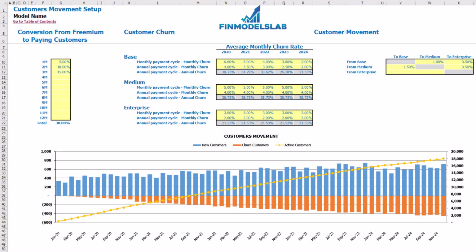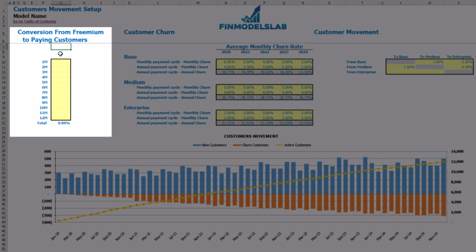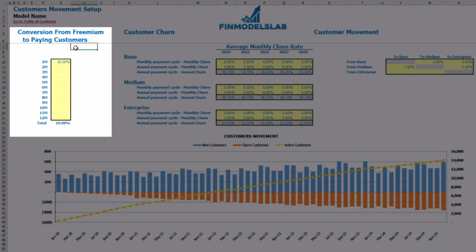On the Customers Movement tab, you can set up the conversion rates from freemium to paying customers, customer churn, and customer movement rates. So let's start with the conversion from freemium to paying customers. Let me show you how it works. Let's pretend that in the first month, this is January 20, you acquired 100 freemium customers. Then in January, which is month number 1, 10% of these customers can convert to paying customers.